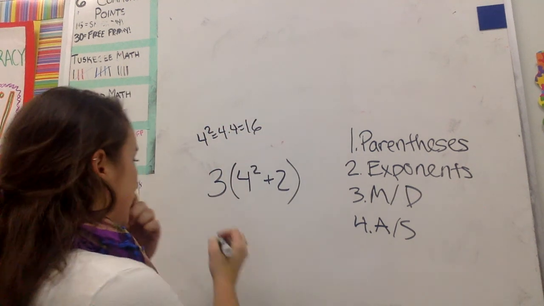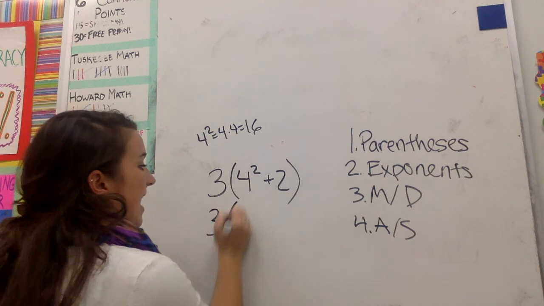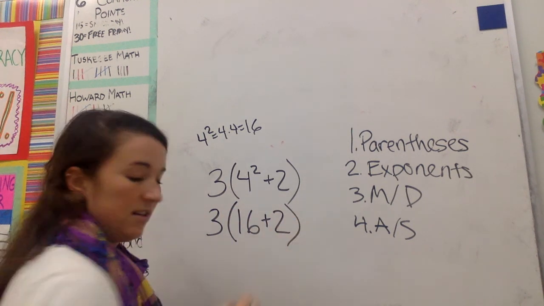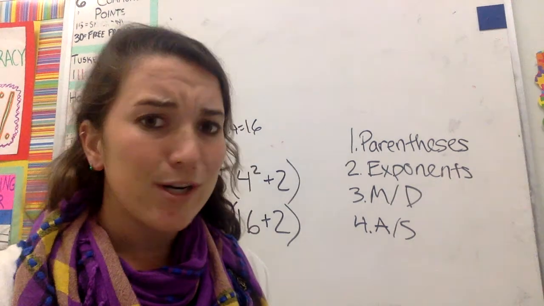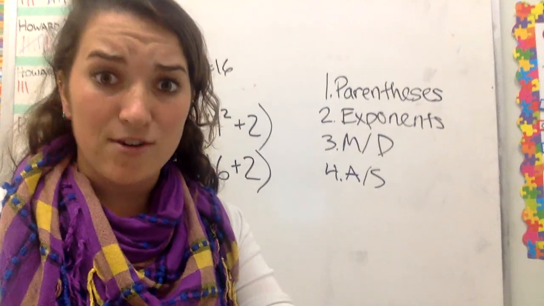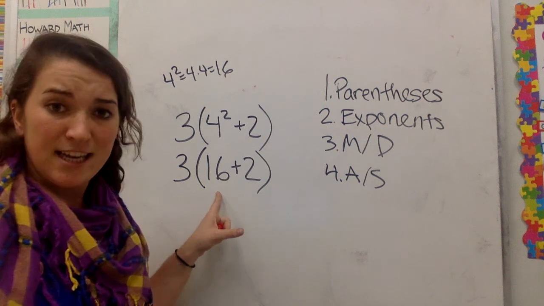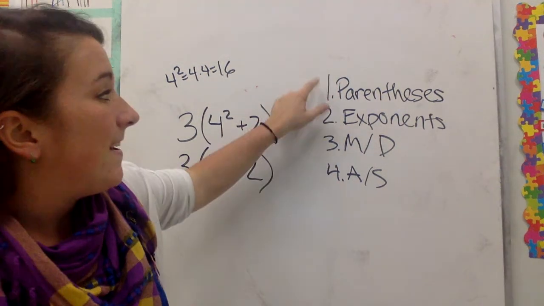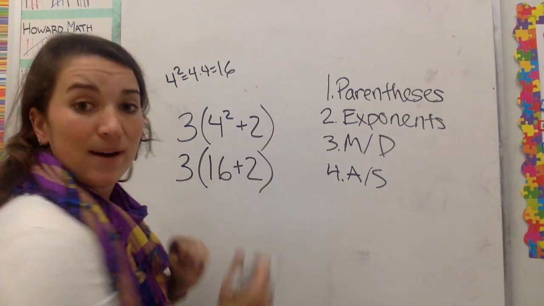So I'm going to substitute for my exponents first, rewrite everything exactly the same. Now, this is where some people were getting tripped up the other day, because if we look at this, 16 plus 2 is addition, but it's still in the parentheses.